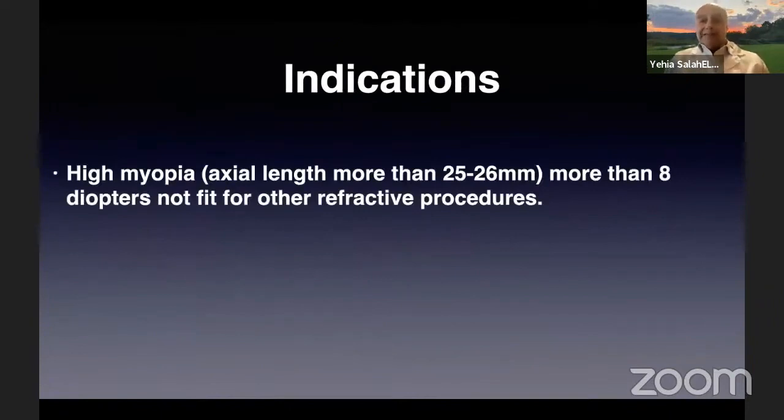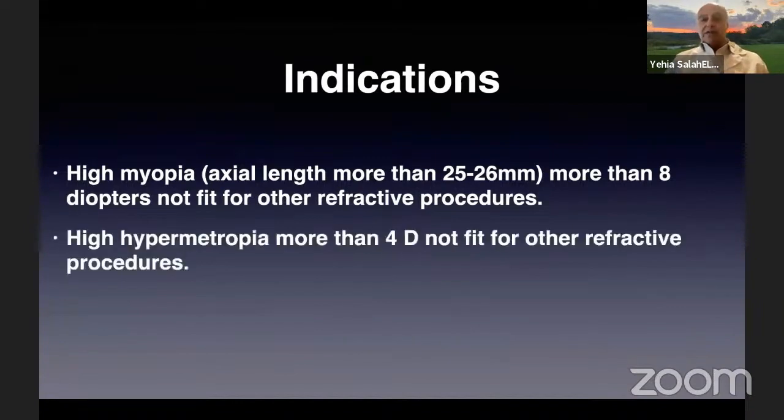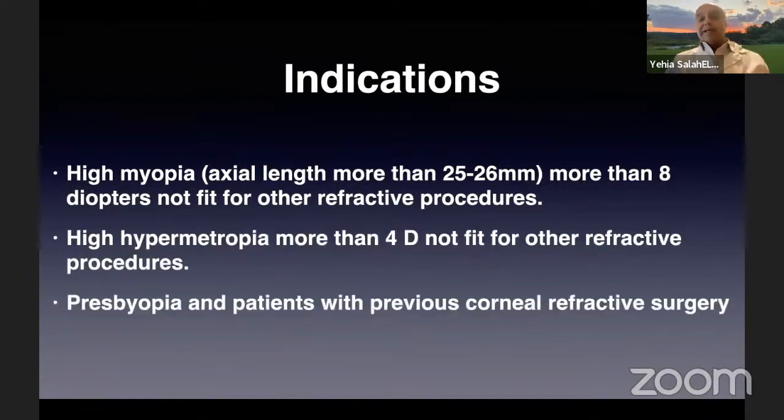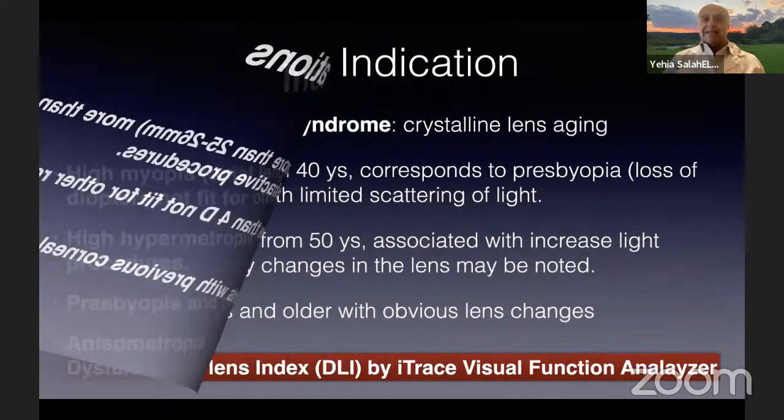There are indications that we are all aware of, and we will see this in our practice. High myopia not fit for other refractive procedures, corneal or laser refractive procedures; high hypermetropia; presbyopia, and this is a huge number of patients waiting for a solution; or patients who had previous refractive surgery and are becoming presbyopic, and this poses another challenge; or younger or older patients with anisometropia that should be addressed.